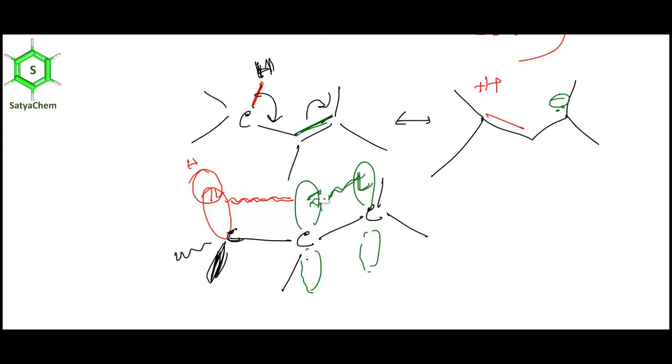So these two pi electrons get shifted to this p orbital. That is how I have put a negative charge on this carbon. I think it is clear now.